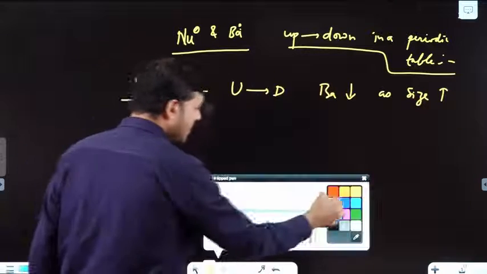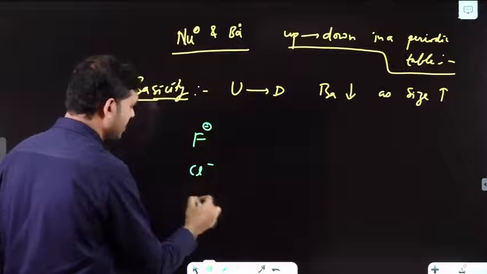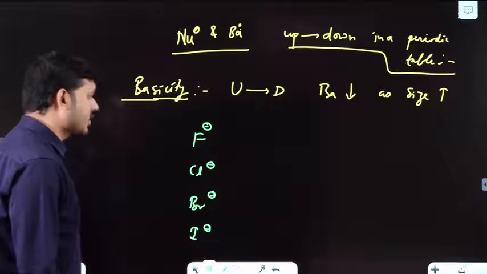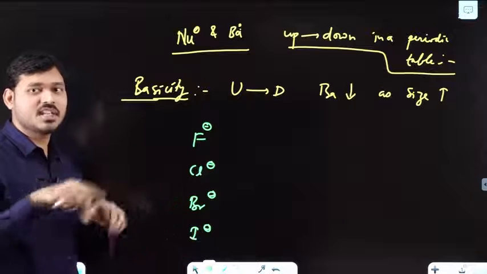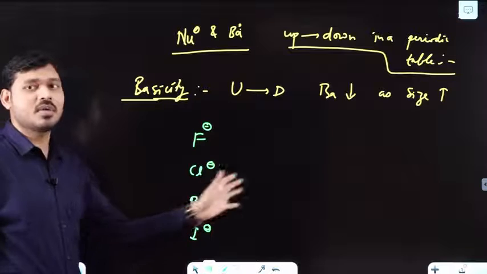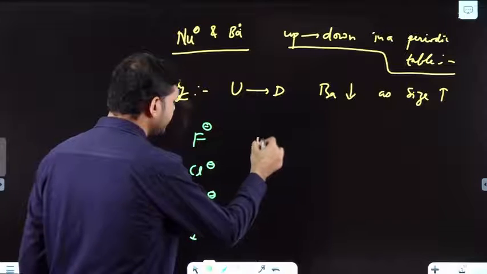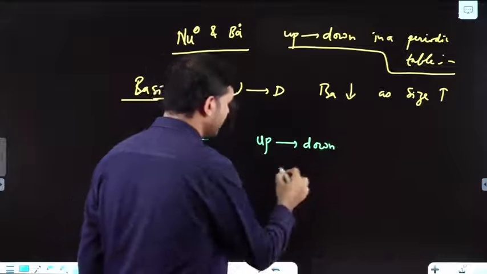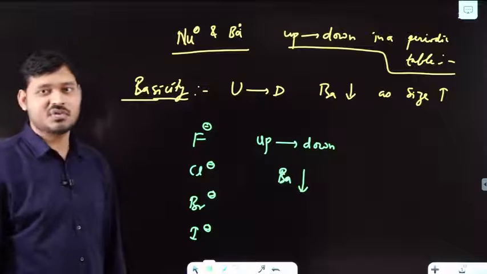You can take the example of F minus, Cl minus, Br minus and I minus. As you know, I minus is having larger size, so these electrons are actually dispersed in its own vacant orbitals as well, so it is less available for protonation, so F minus is more basic. So up to down, basicity here decreases. I think clear to you all.